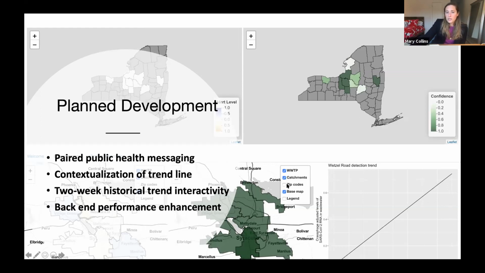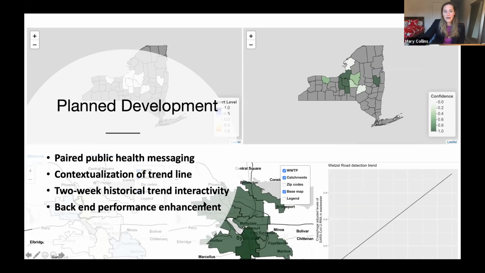Another thing that we're continuing to innovate is how to present changes over time, especially whether it's a flat line from high detection to high detection, which would be something to know, or whether some of these are actually very small changes in time that these vertical lines or 45-degree lines make look like a huge change, but really it's a small change and it's an artifact of how we've scaled the y-axis.